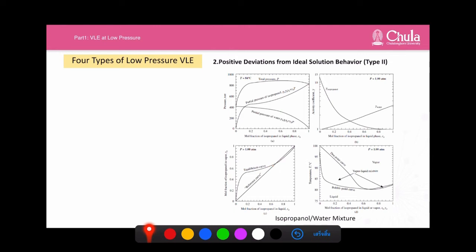What about if we start from a solution here with this composition and use a distillation column? We will get this point pure, and we will stop at this point. We cannot cross this point down here. This point is called azeotrope. Azeotrope has behavior similar to a pure component.